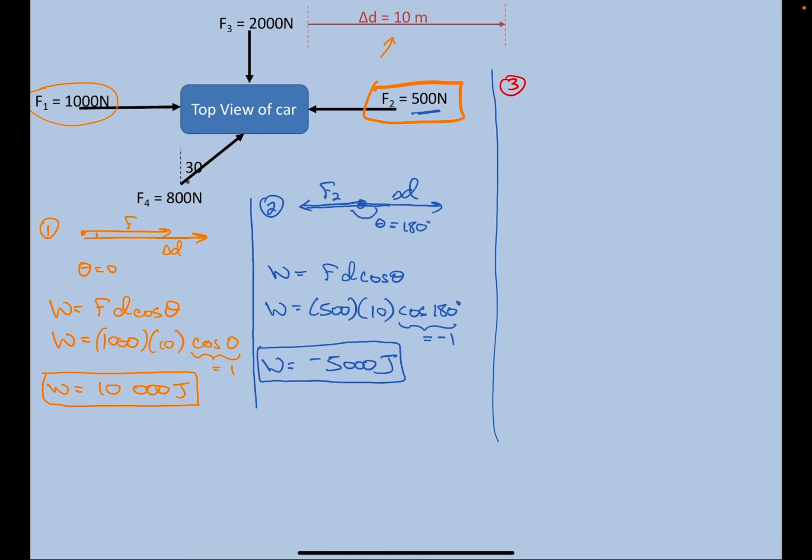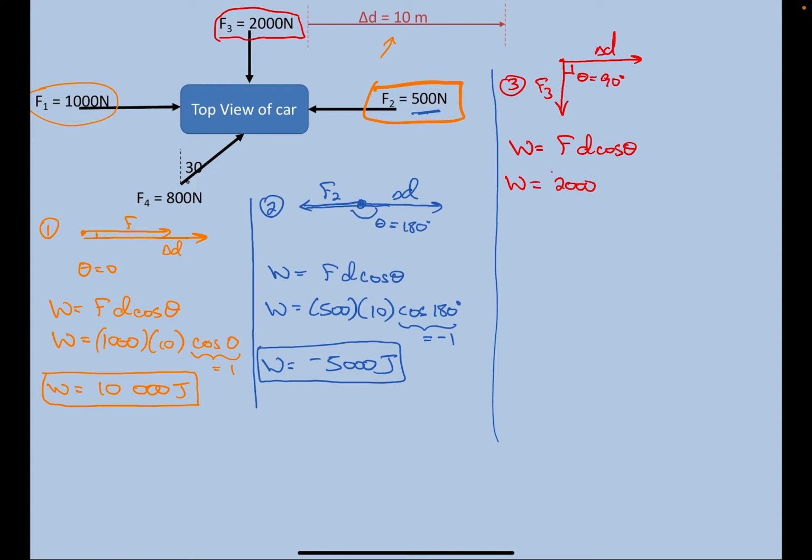Do they do work? The force that they push with over here, this student number 3, is kind of straight south, I guess, if you want. The displacement, on the other hand, is straight east. Okay, so displacement's this way. The angle in here between them is 90 degrees. So when I use my equation, F d cos theta, we can say work is just 2,000 newtons.